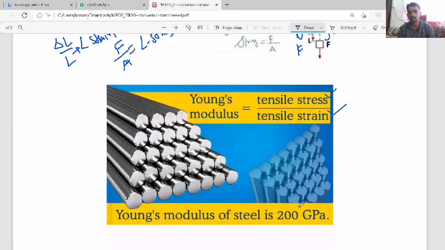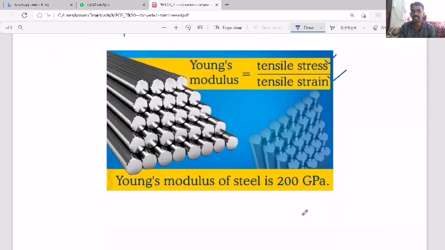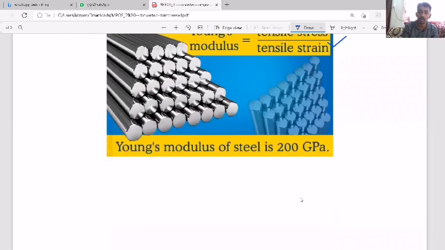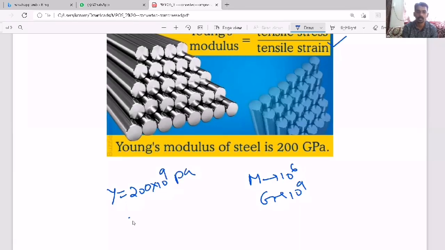Just for example, I have given the Young's modulus of steel as 200 gigapascal. Mega means 10 power 6, giga means 10 power 9. So the Young's modulus for steel is 200 giga pascal, which is nothing but 2 into 10 power 11 newton per meter square, or else pascal.